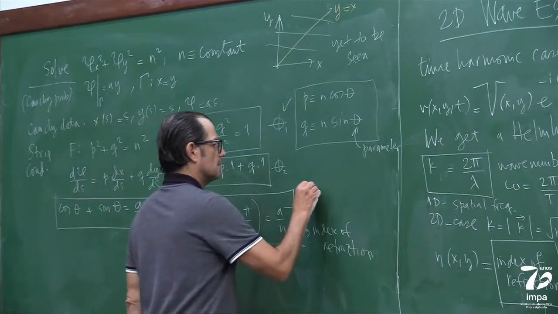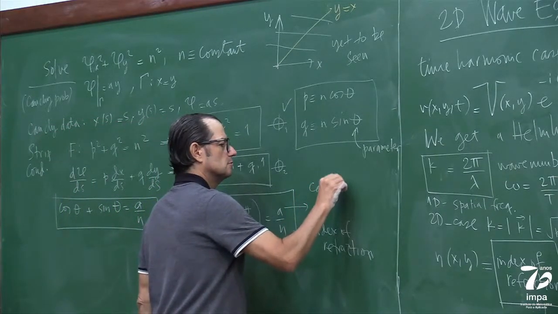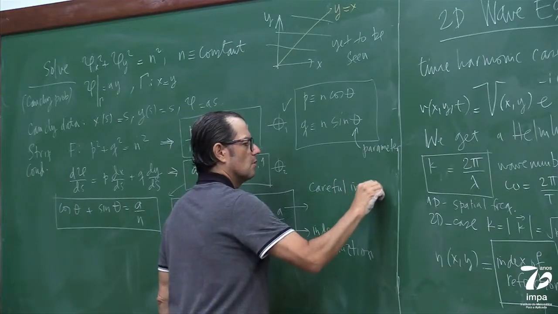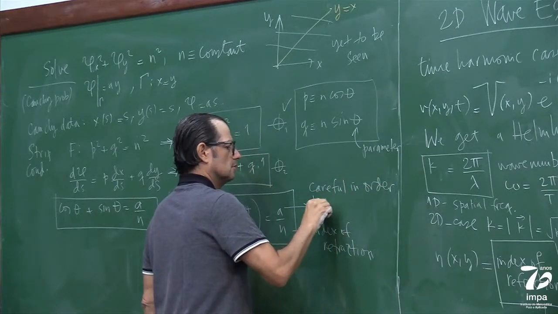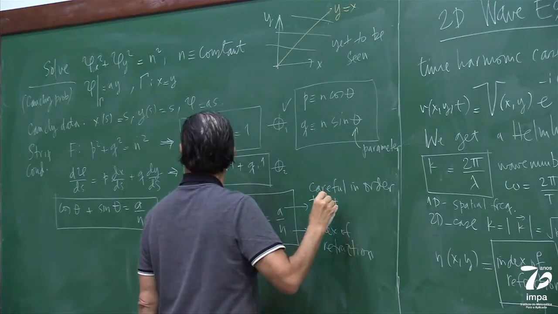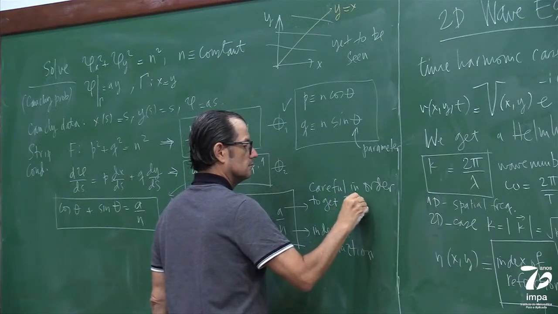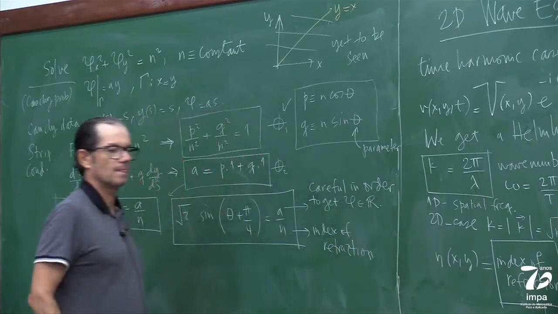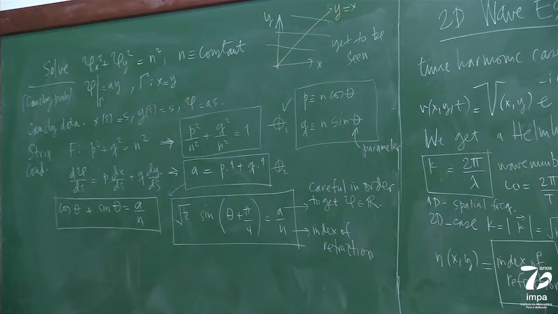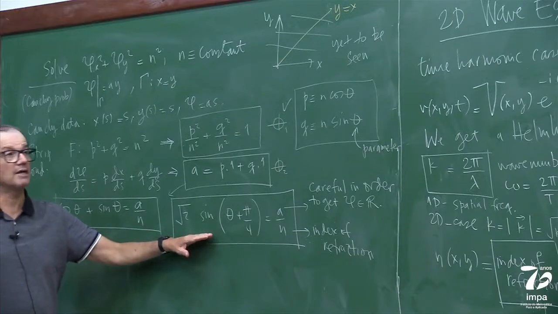So we have to be careful in order to get, let me put it this way, a real valued solution. Right? So let me say it in a physical way. Right here, it's just in a purely trigonometrical way.